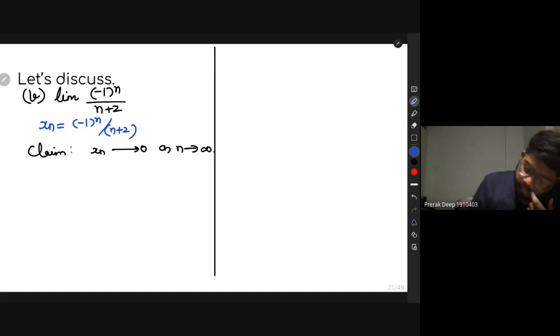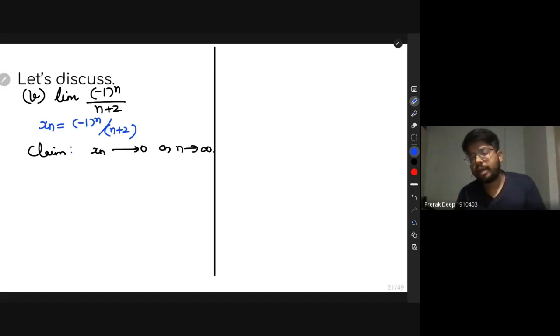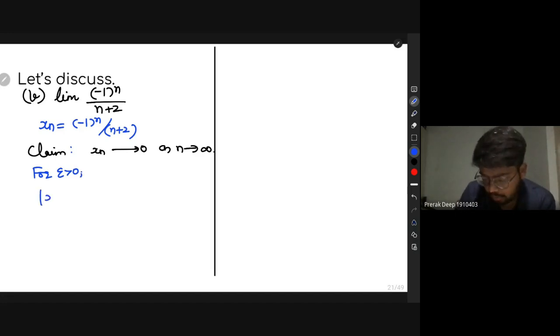So how do we prove that? Again, in order to prove that, I go back to the definition of sequence convergence. For a given epsilon, I need to find n for which the tail of the sequence is going to be smaller than epsilon.